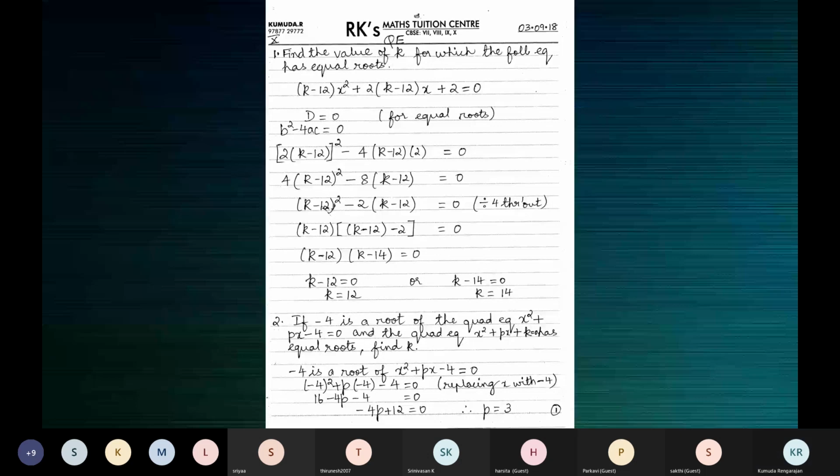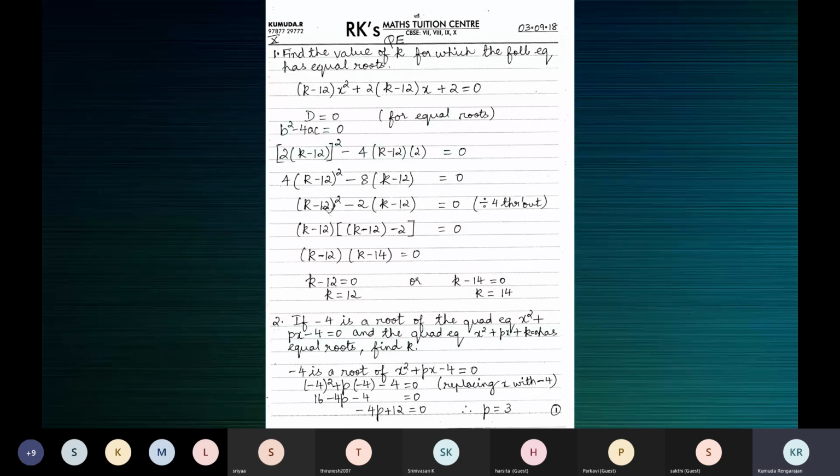All right. So minus 4 is given to be a root of the equation x square plus px minus 4 is equal to 0. So upon substituting minus 4 in place of x, we get the value of p, 3. Now the same letter p is used in the other equation, x squared plus px plus k is equal to 0.